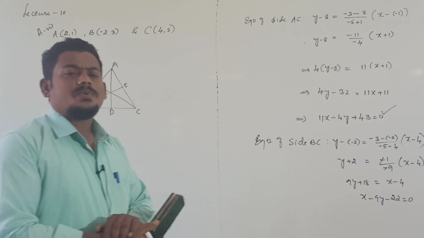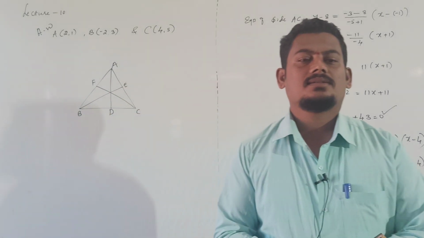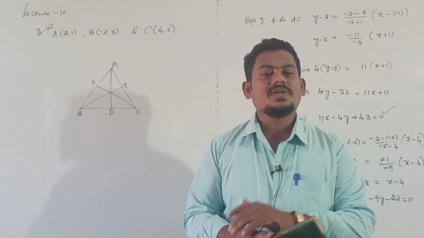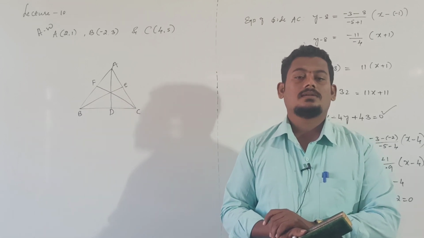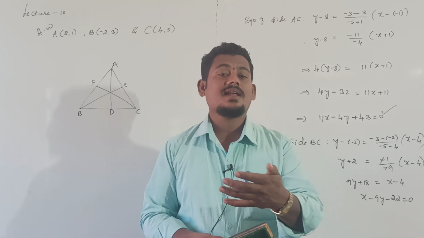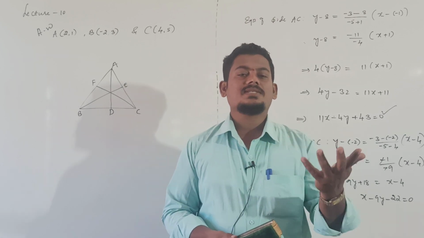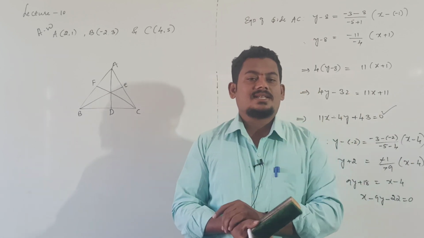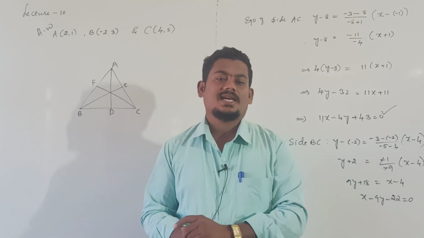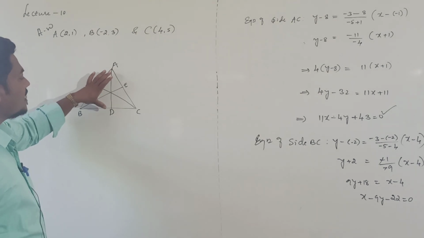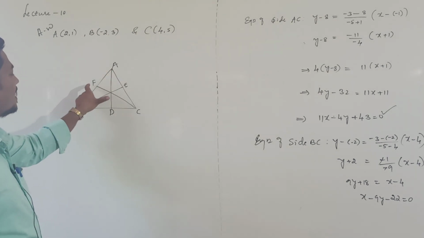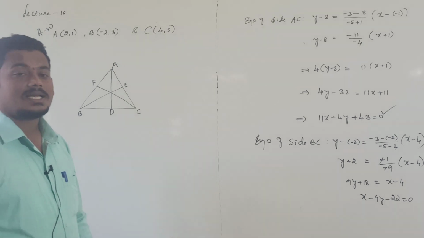Then tell me what is the definition of the median of the triangle? What do you mean by median? Not only the median of the triangle. Just median means, as you learn in statistics, the median of the triangle. AD is a median, BE is a median of the triangle and CF is a median of the triangle.